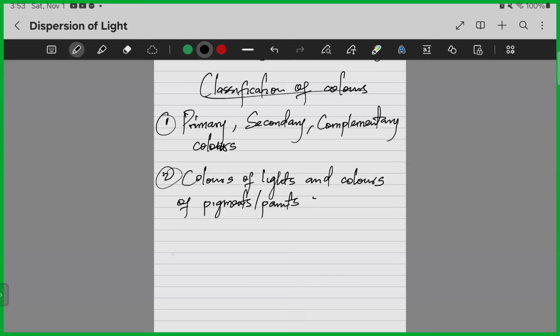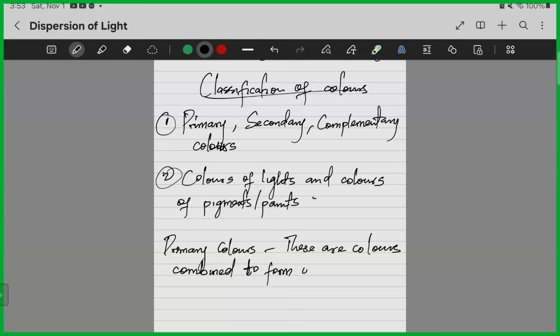Let's talk about primary colors. Primary colors. So these are colors combined to form others. They're like the fundamental ones.